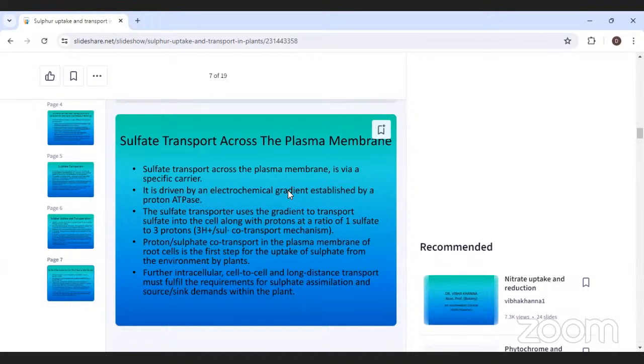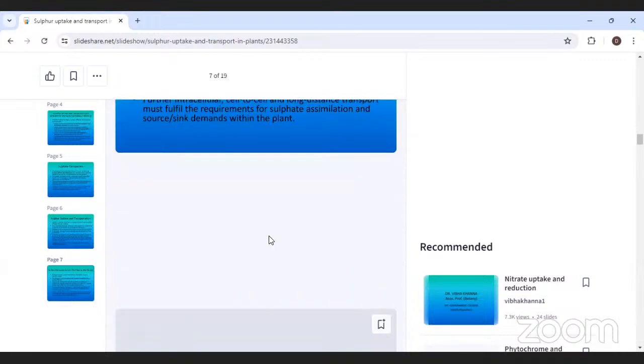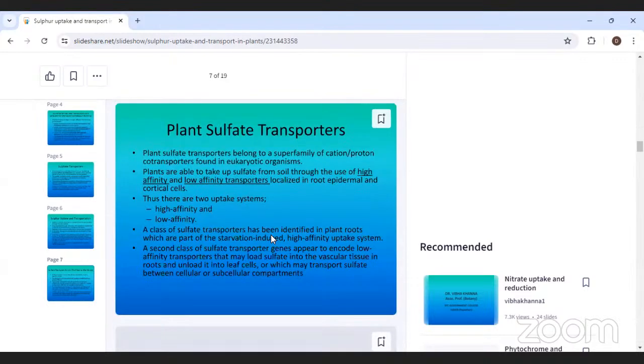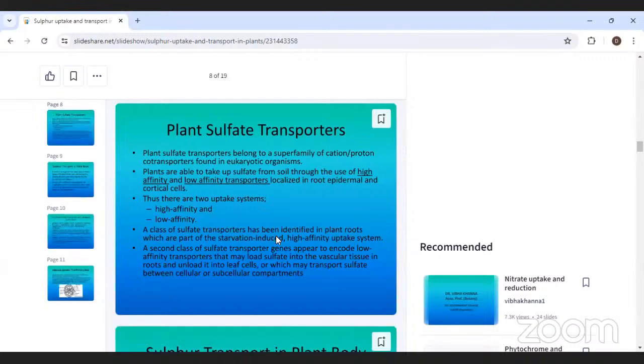The transport of sulfate into the vacuole differs from that at the plasma membrane in that it is mediated by a uniporter. The vacuolar sap has a high acidic pH due to the activity of the tonoplast proton ATPase.